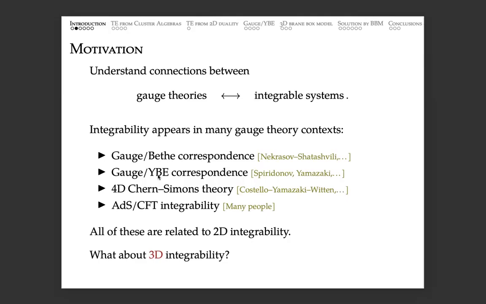And of course, there have been many known such connections. Integrability appears in many gauge theory contexts. Here I list four famous instances where integrability appears from gauge theory. One is the gauge/Bethe correspondence.